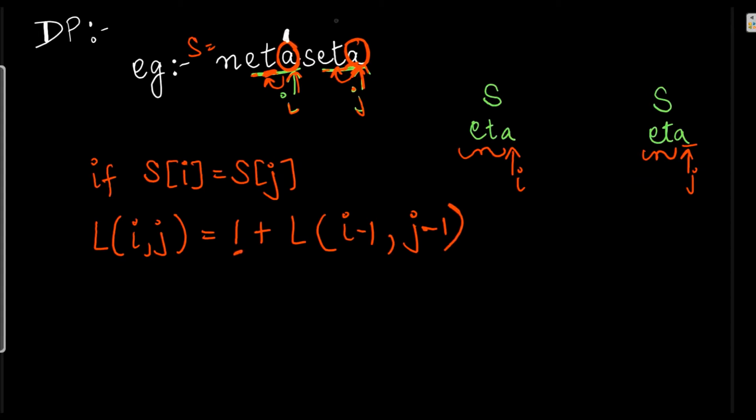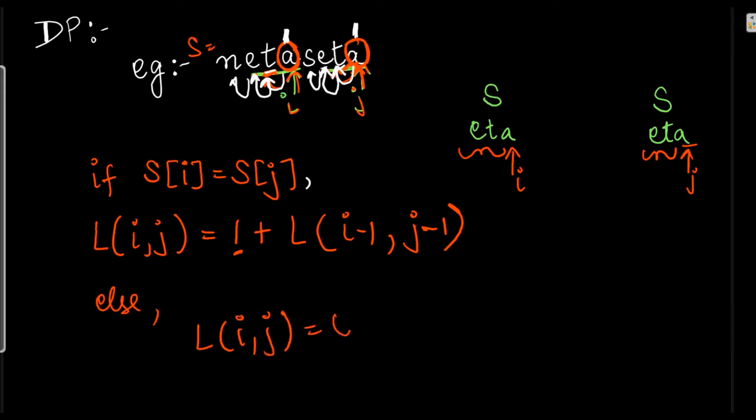If they are matching with each other, then we will start looking for its left character. If it is matching, then we will look for its left character, and after that its left character. If S of I is not equal to S of J, then we will fill it with 0.